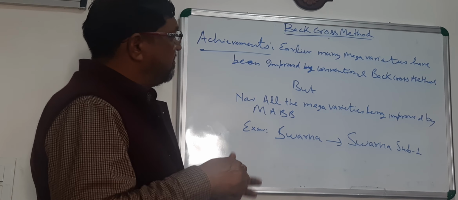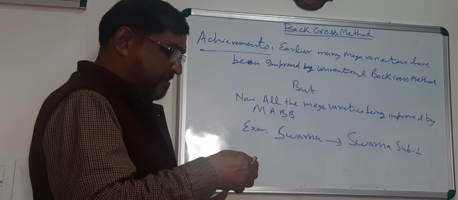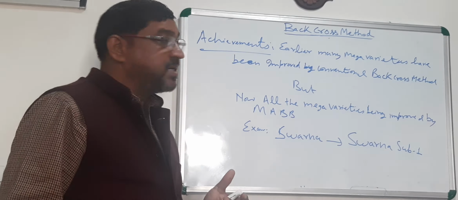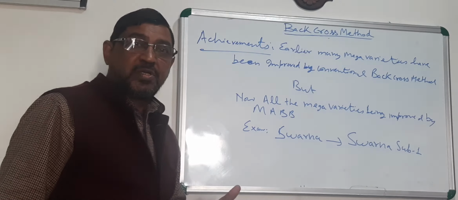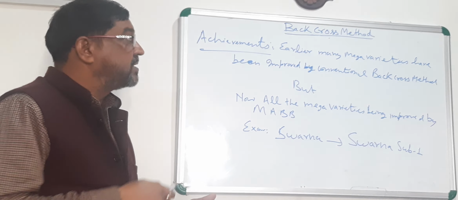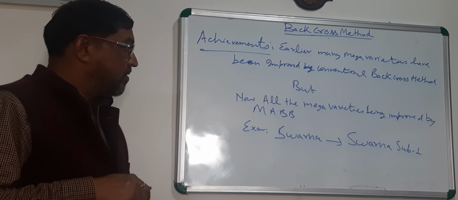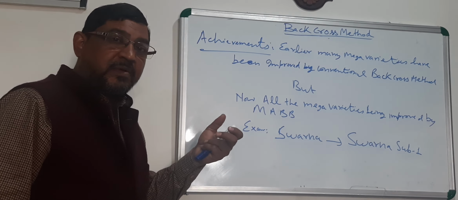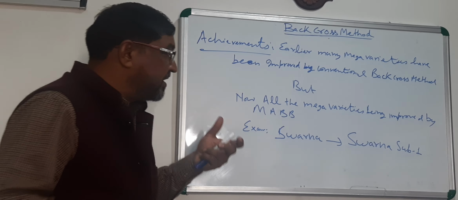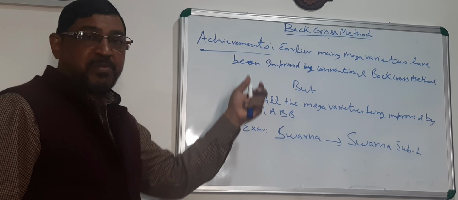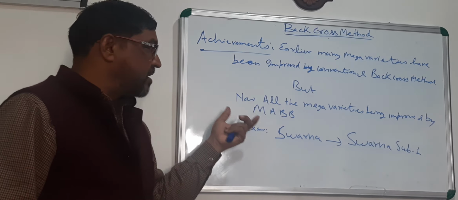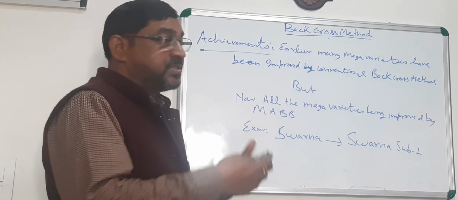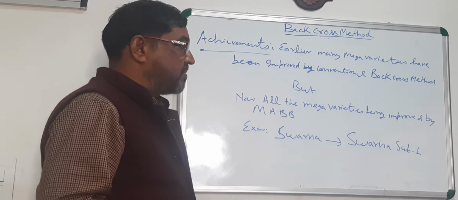Likewise, so many varieties, till the start of molecular assisted backcross breeding, it was extensively used. Of course, nowadays nobody is using the conventional backcross breeding method, because molecular assisted backcross breeding has reduced the time which is being taken in the conventional method.